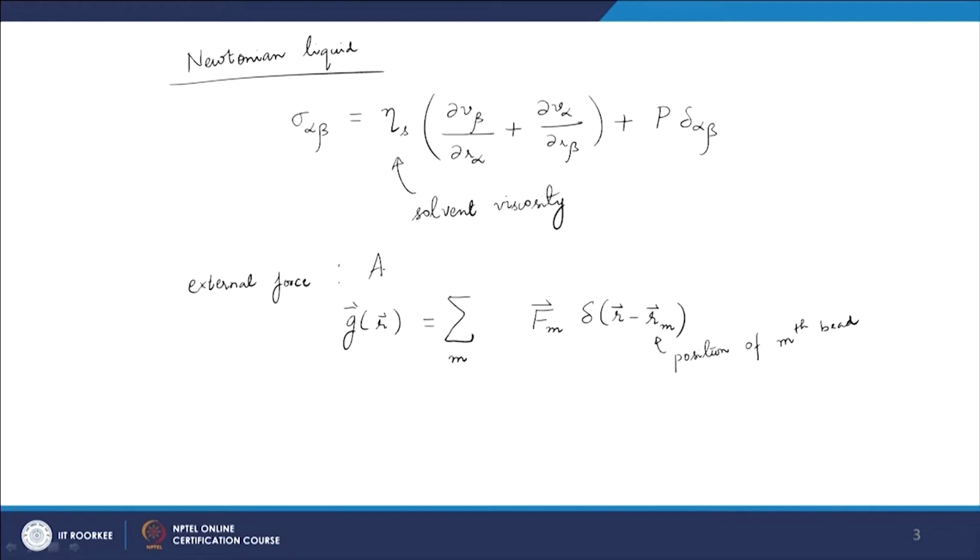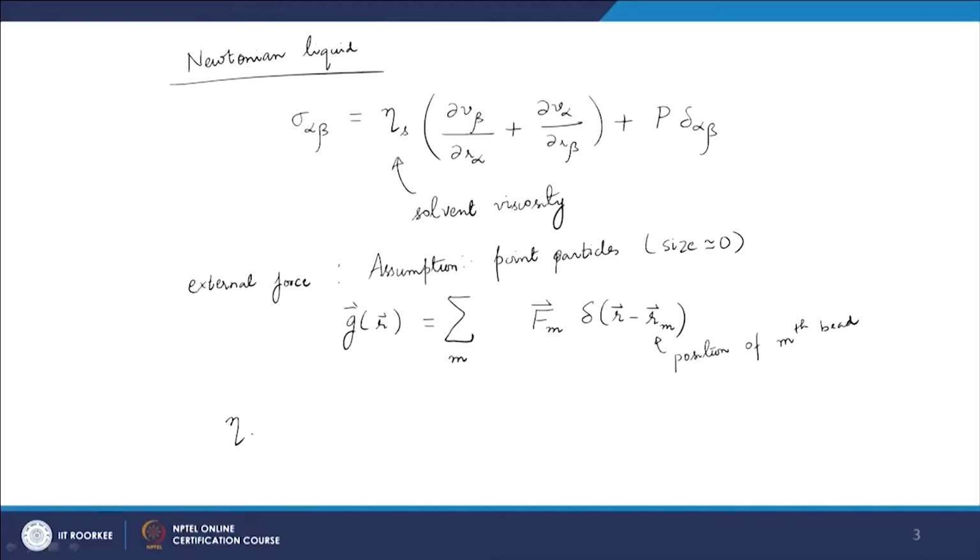So, of course, this kind of a treatment makes an assumption that we really have a point particle with size 0, because we are using a delta function, but nonetheless it gives us a good approximation of the mobility matrix. So, we will essentially use that term here.